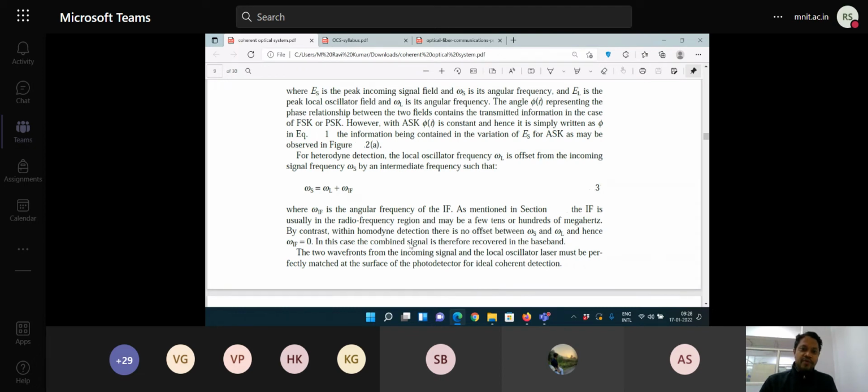This intermediate frequency is usually in the radio frequency region, and it can be of the order of some tens or hundreds of megahertz. When the intermediate frequency is of this order, then we can use the standard techniques which are available in RF detection.